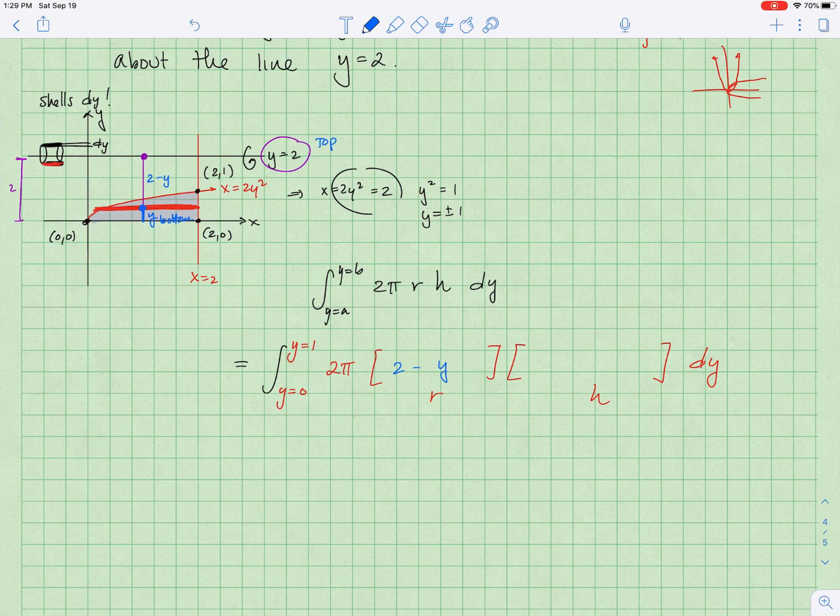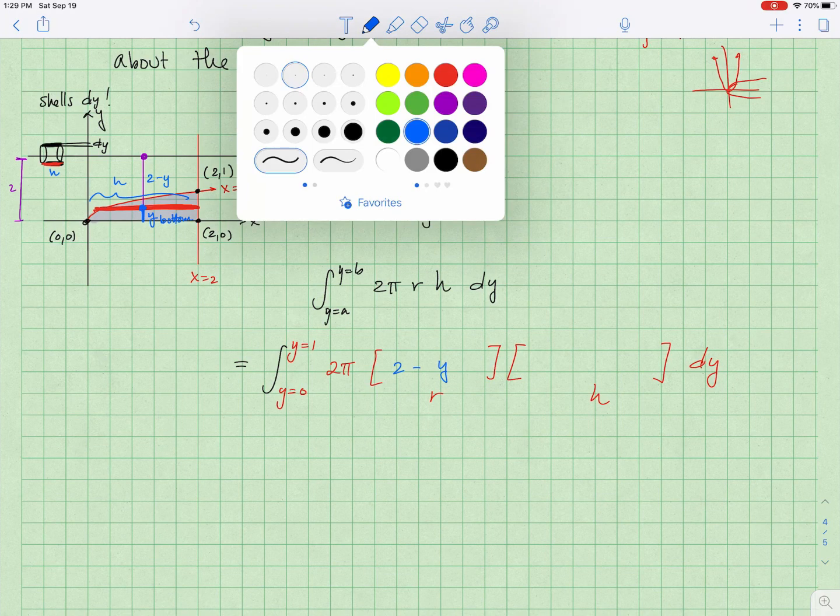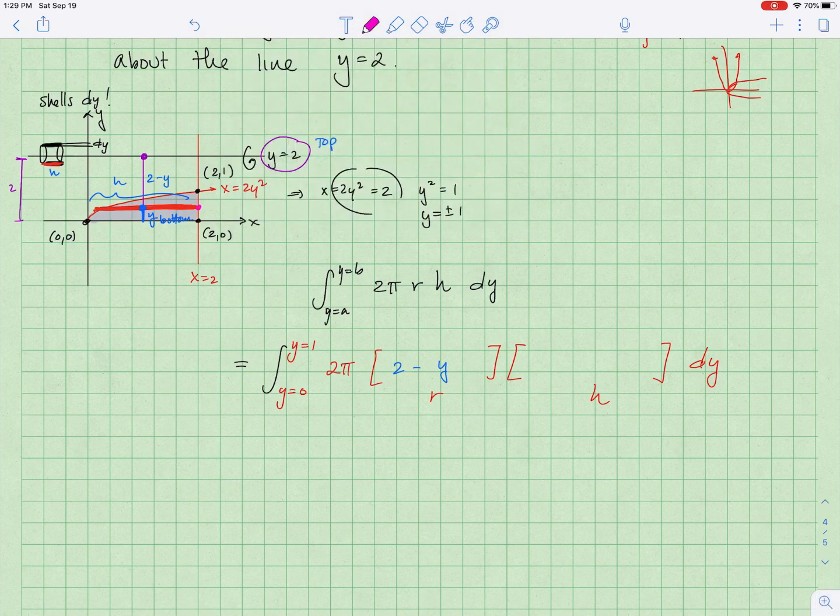So really focus on identifying top versus bottom or right minus left, as we're going to do in our height here. Because our shell is kind of on its side here, this length is our height. Now again, if we just calmly think about this as being the right side of that red strip versus the left side of that red strip, what do we have?